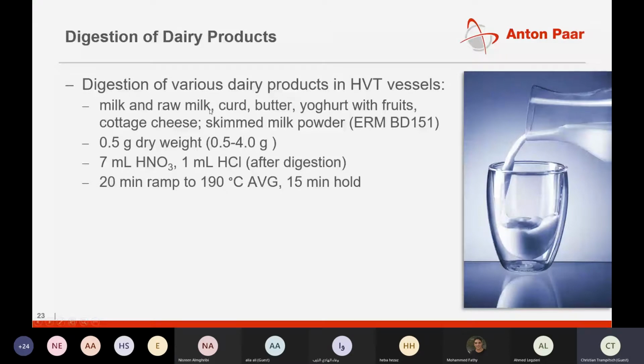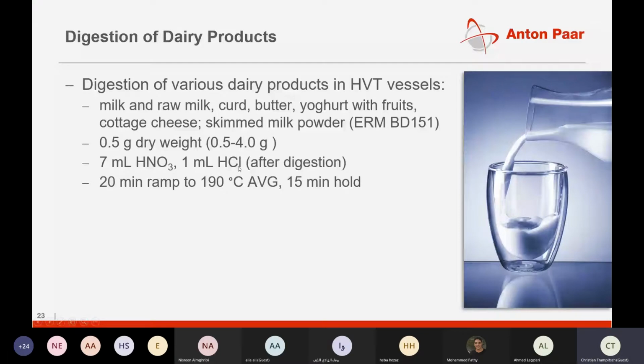We also added one certified reference material to this digestion, skimmed milk powder with a certified content of heavy metals inside. The dry weight was calculated to be approximately 0.5 grams per sample. In fact, we weighed different sample amounts up to 4 grams with milk and raw milk, for example. We added 7 mL of nitric acid.